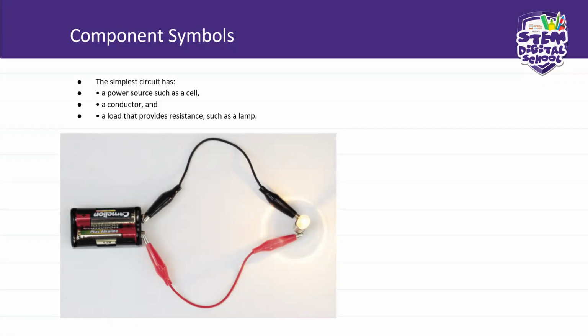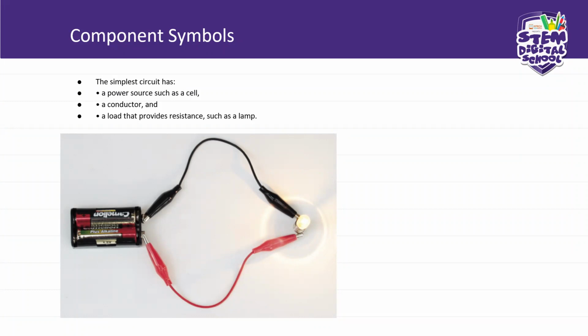You will see these circuits in graphic representation as we go on. But what you have there is a power source, and you have your crocodile clippers and your wire and a lamp.